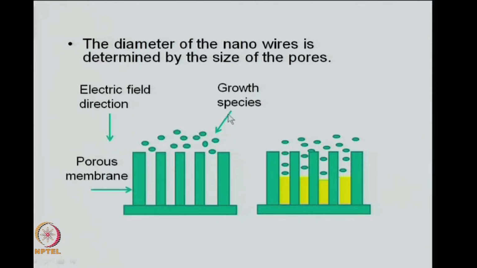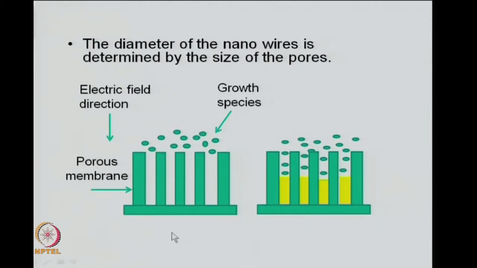You have these species present in the solution, and you apply an electric field in this direction. When you apply an electric field in this direction, these species will line up into these nanoporous cylinders, and then they will get deposited on top of the working electrode.